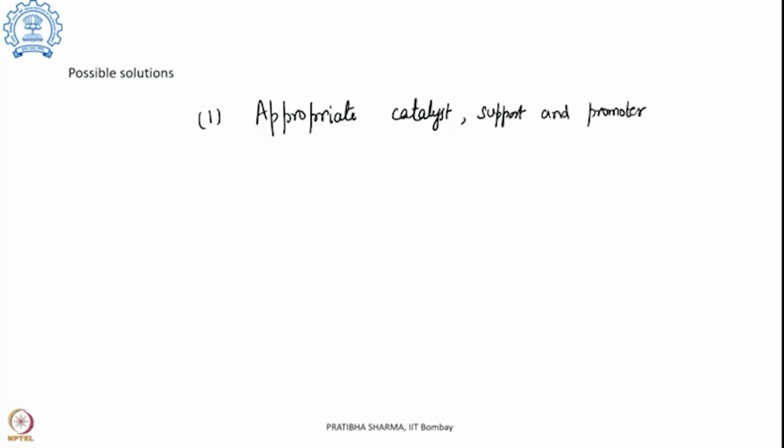The first is to select the appropriate combination of catalyst, support and promoter. Other than that, the design of the reactor, of both reformer and tubes, is very important.